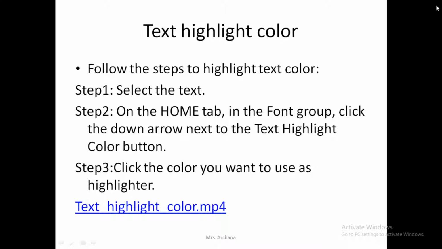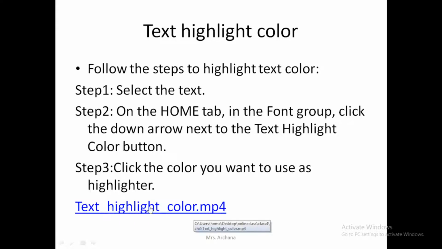Okay, so what are the steps we have to follow? Step 1 is select the text. Step 2 is on the Home tab in the Font group, click the drop-down arrow next to the Text Highlight Color button. This is the button, Text Highlight Color. Then step 3, click the color you want to use as highlighter.